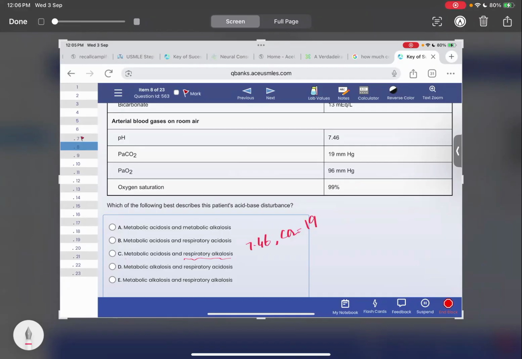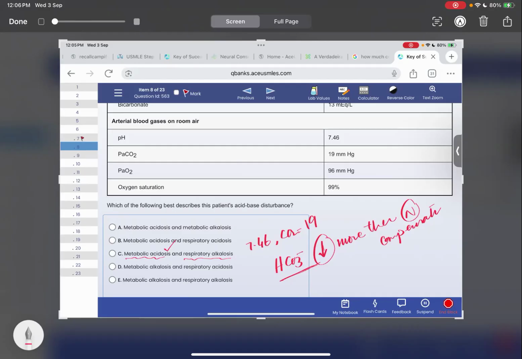We have metabolic acidosis because bicarbonate is decreased more than the normal compensation. If it is decreased, it is acidosis, right? And all these concepts work in the opposite way.